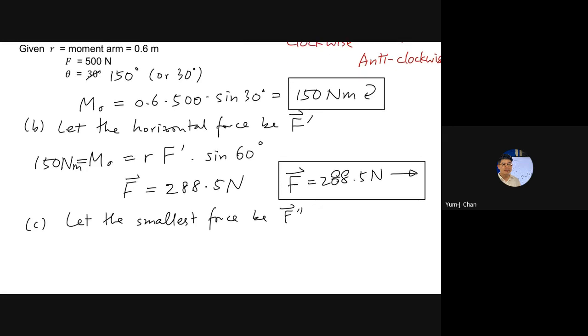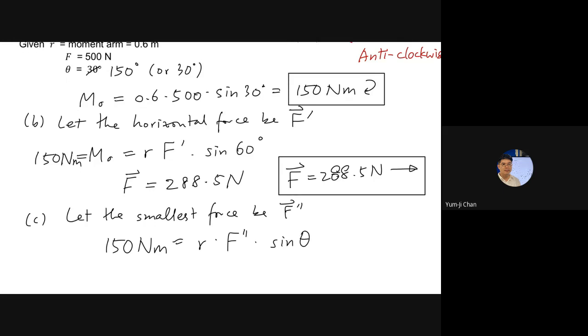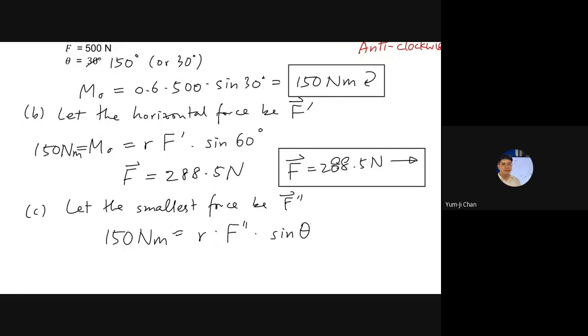We have 150 Newton meter equals R times F double prime times sine theta.